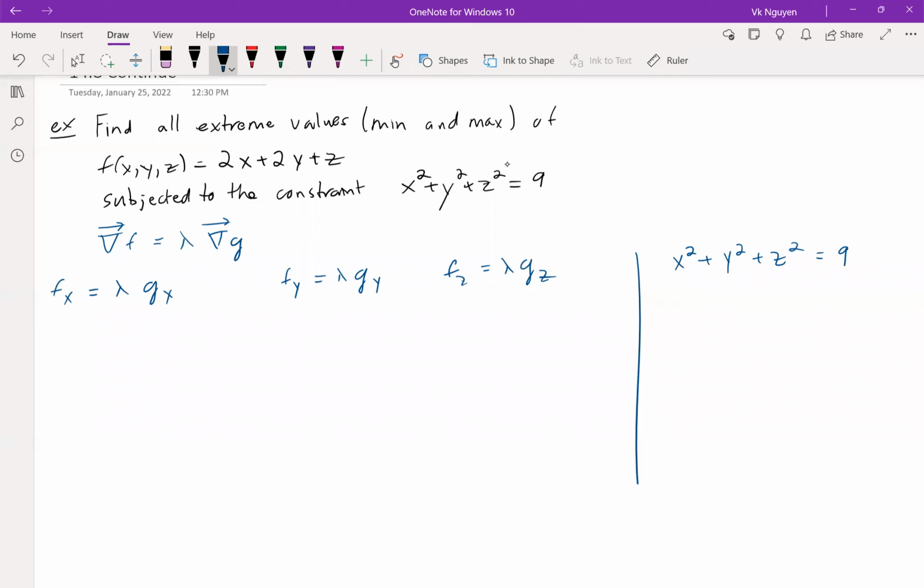Okay. fx is 2, equal to lambda times 2x. 2 is equal to lambda times 2y.